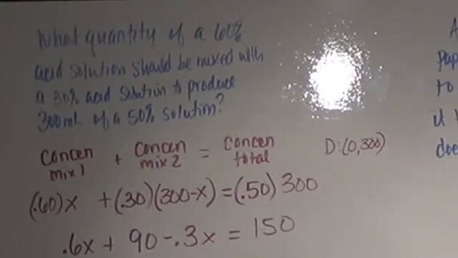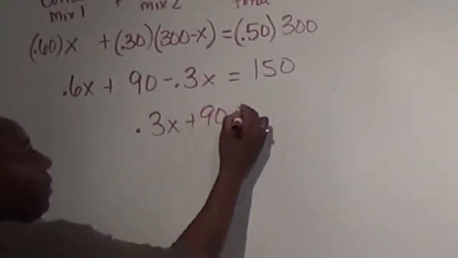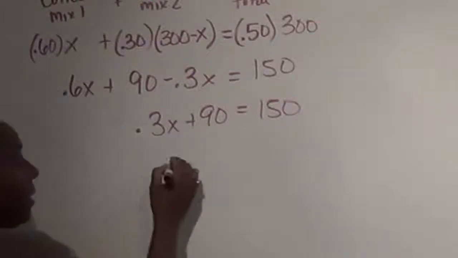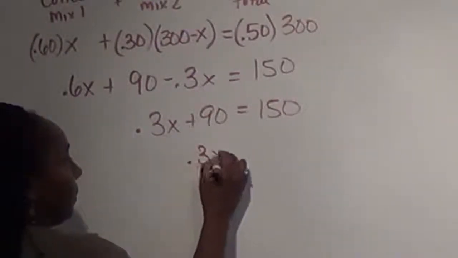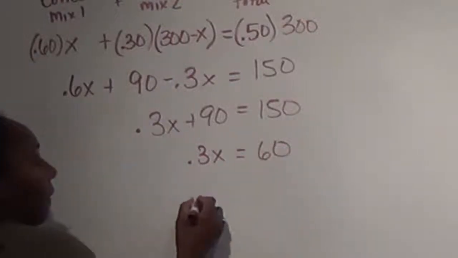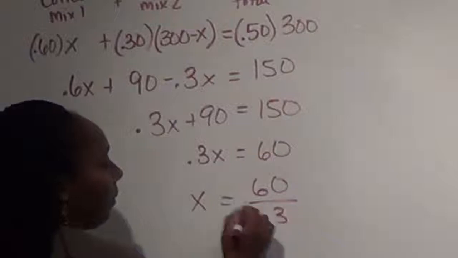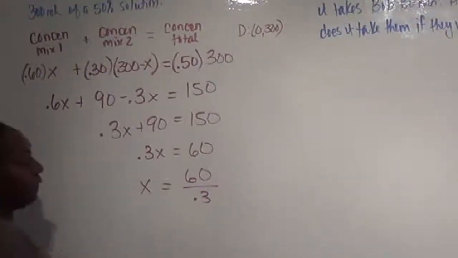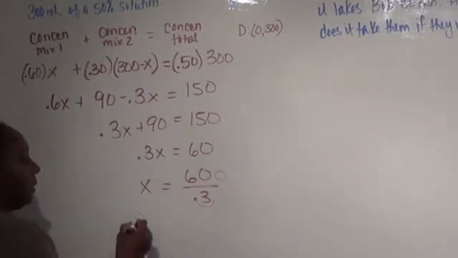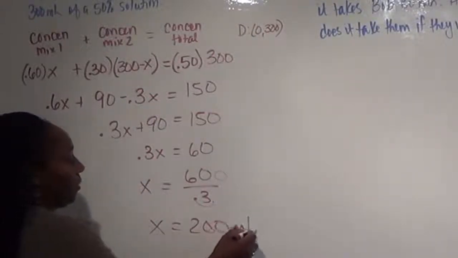From there, combining like terms, we can subtract the 90. And then divide out. Again, when you're dividing by the decimal, you can move one place over. So X will equal 200 milliliters.